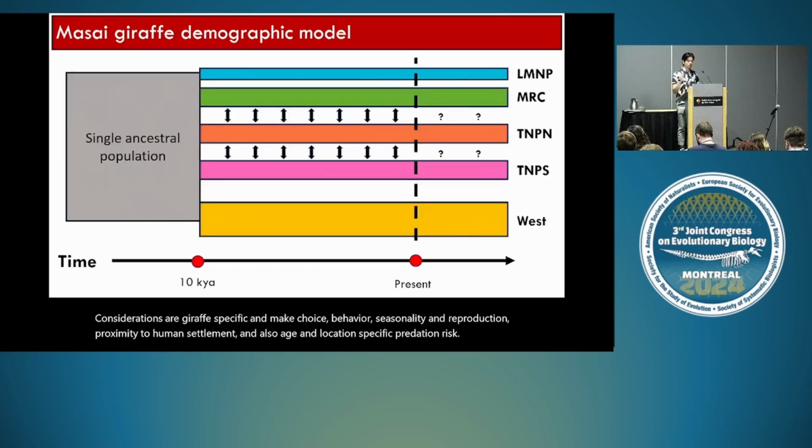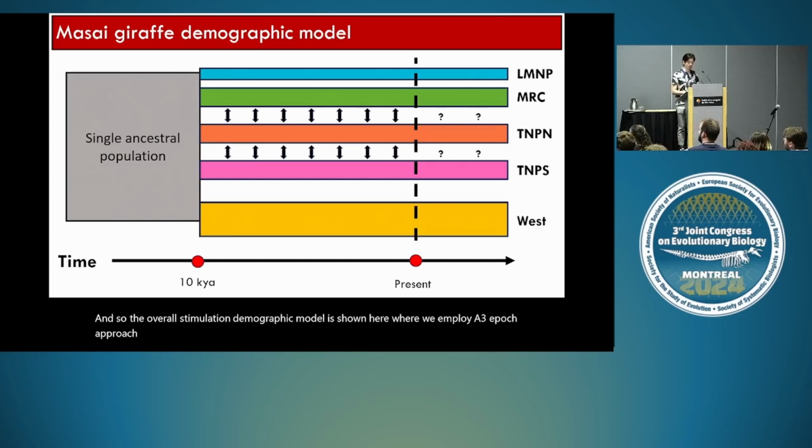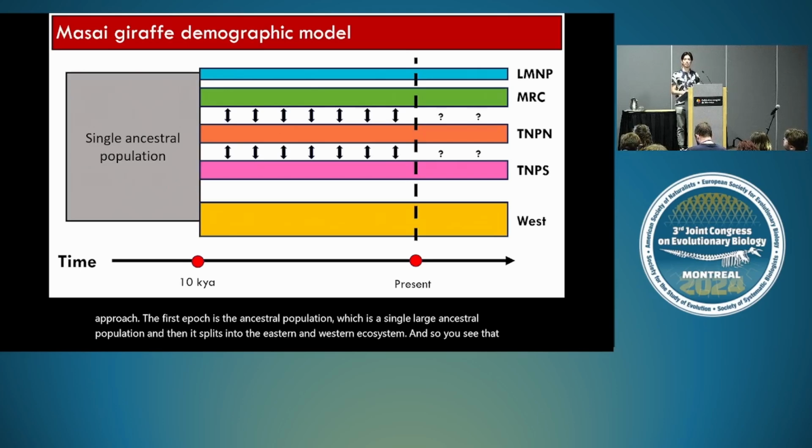And so the overall simulation demographic model is shown here, where we employ a three-epoch approach. The first epoch is the ancestral population, which is a single large ancestral population, and then it splits into the eastern and western ecosystem. You see that the eastern ecosystem is then further separated into those four subpopulations I talked about. Just for the purposes of this, the western ecosystem is a single population that's being modeled.